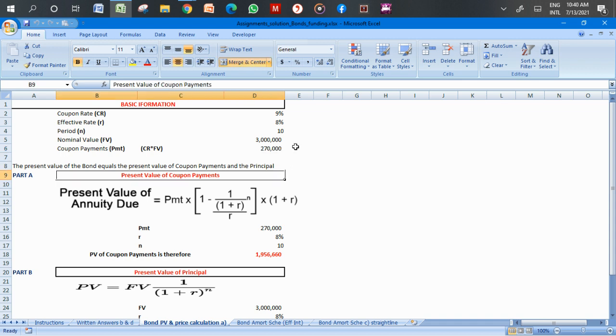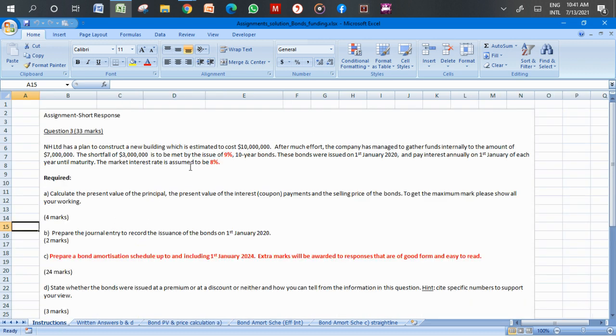So if we calculate part A, which says calculate the present value of the coupon payments, the most important thing that you need to take caution of is the fact that this is actually an annuity due. The coupon payments are due immediately on the 1st of January each year.